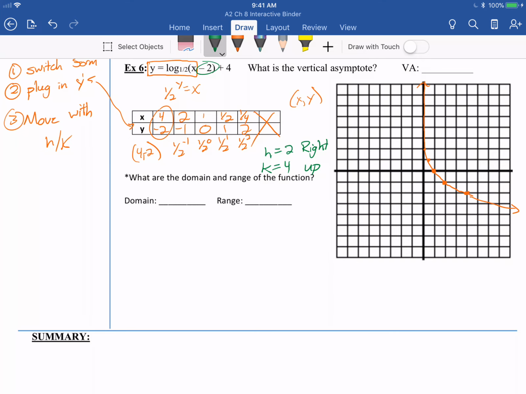So I have to move every one of these points right 2 and up 4. So I go right 2, up 4, 1, 2, 3, 4, right 2, up 4 is right there. Right 2, up 4 is right there. Right 2, up 4 is right there. And right 2, up 4 is right there.